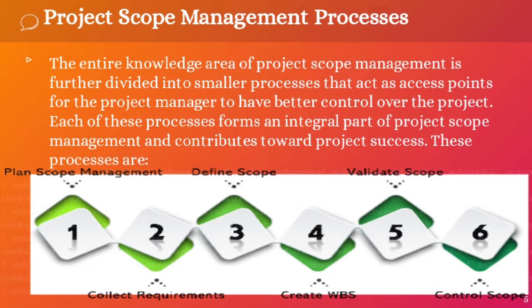Its primary aim is to control what is and is not involved in the project. Each of these processes forms an integral part of project scope management and contributes toward project success. These processes are plan scope management, define scope, validate scope, collect requirements, create WBS, and control scope.